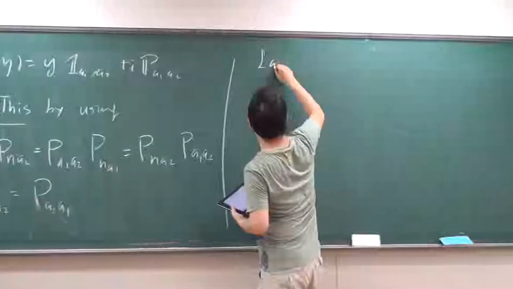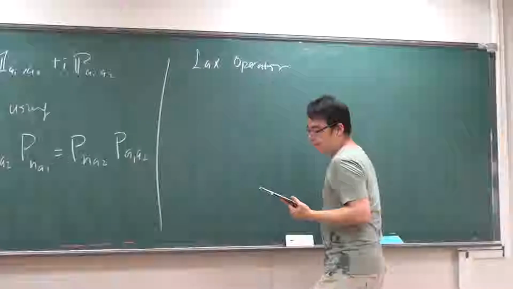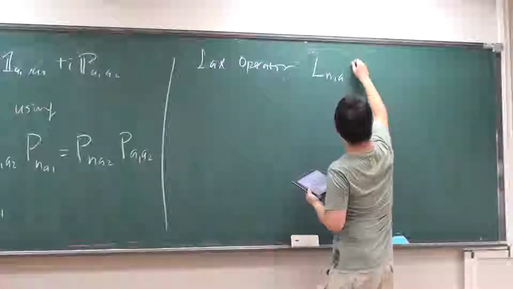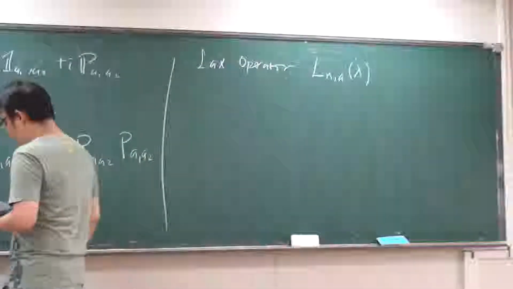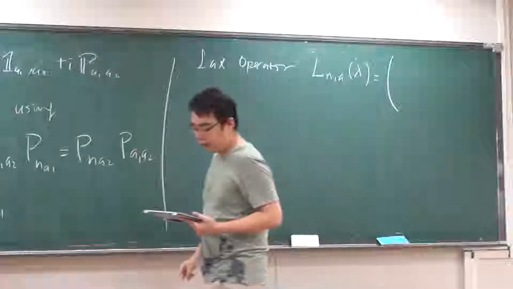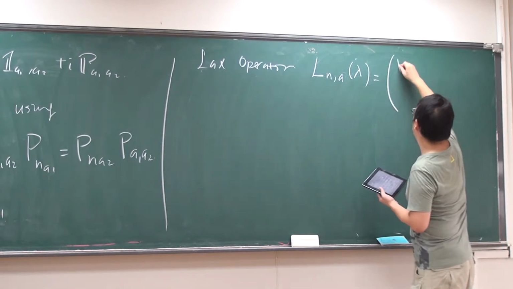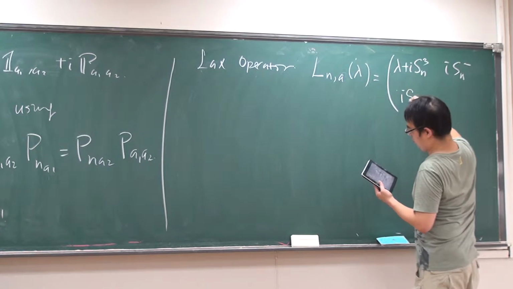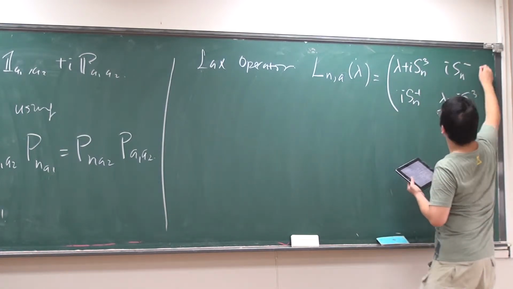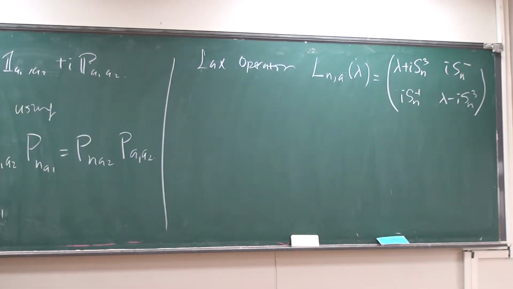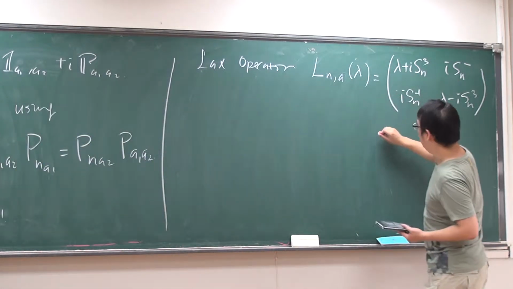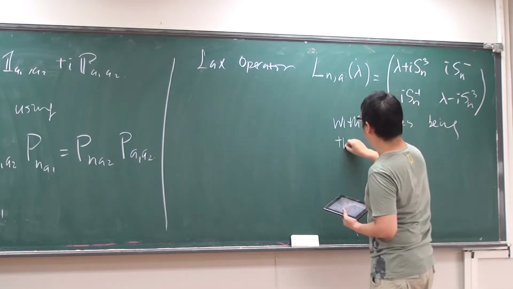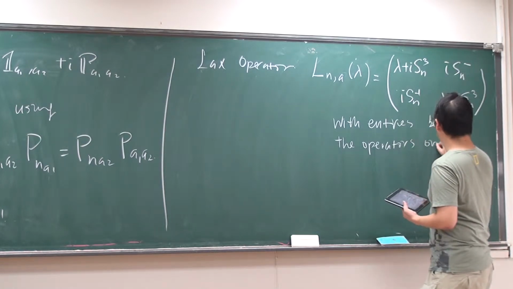So actually the next operators, Ln A, we can write as some kind of 2x2 matrices acting on the auxiliary space, but now I'm basically writing it out in components, acting on the auxiliary space, but with entries being the operators on the physical space.